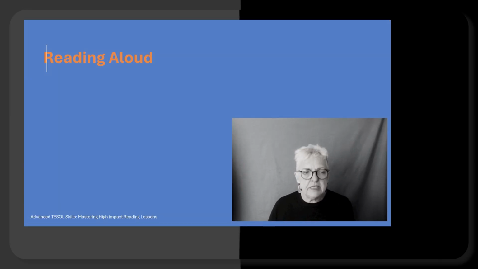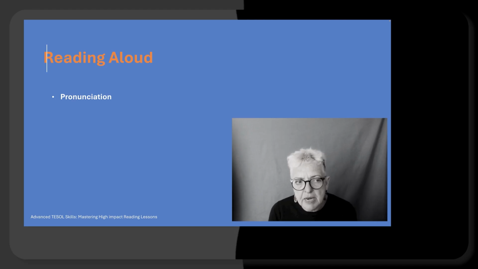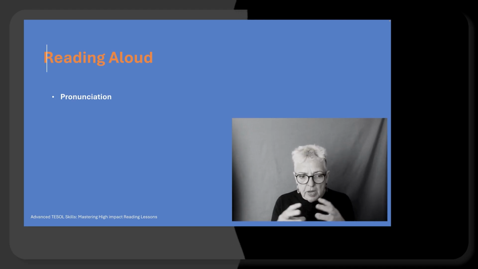Okay, let's look at this issue of reading aloud. Some people think it's for pronunciation, and I really don't agree with this. English is a stress-timed language. We merge words together.